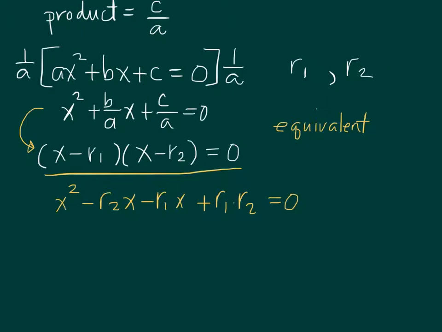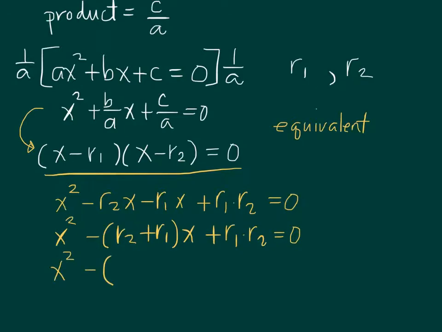Okay, so this expanded form can be transformed into x squared minus (r2 plus r1) times x plus r1 times r2 equal to 0. Also, we can still arrange r1 and r2 in such a way that we write r1 first before the r2. So we have r1 and r2 as the product equal to 0.